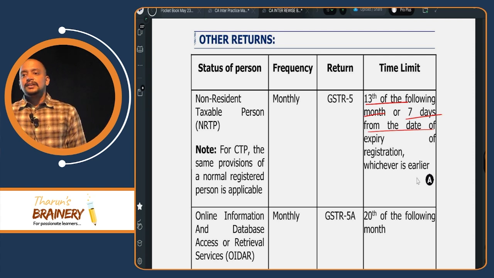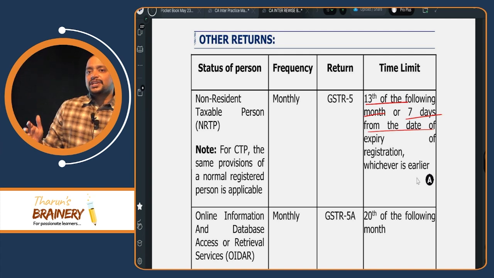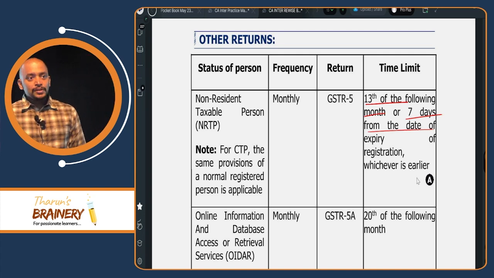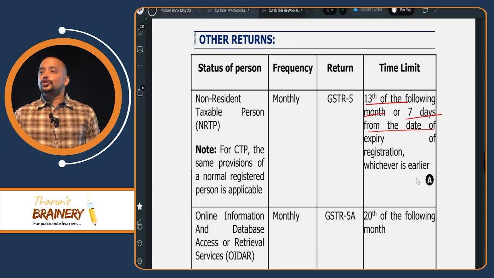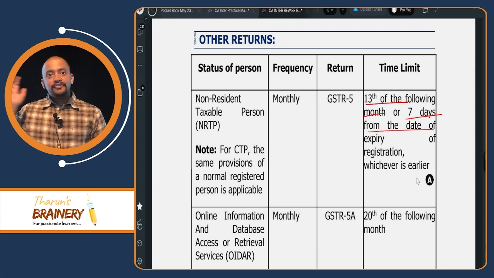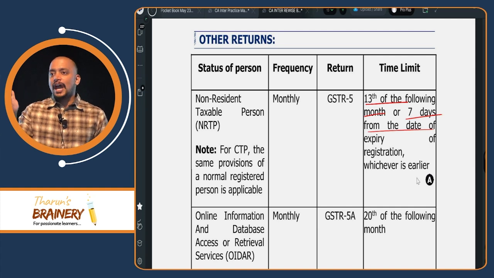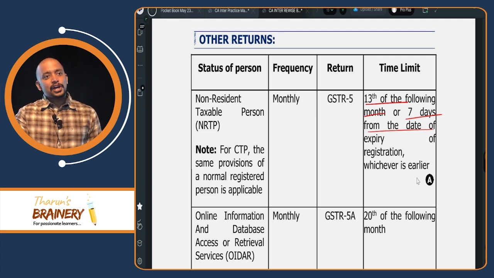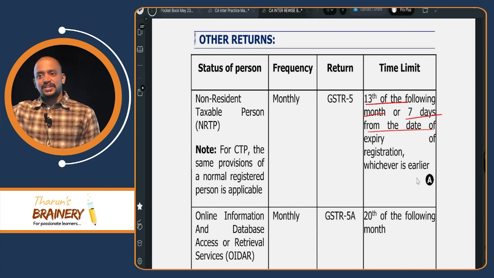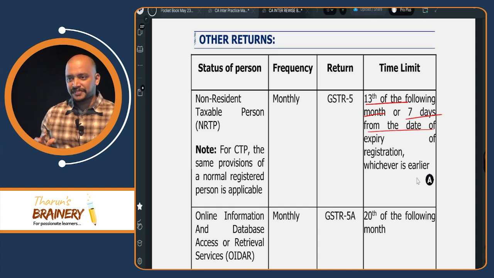GSTR 5. For example, registration is granted from August up to 2nd of October. So they have to file returns for August, September, October. For August, 13th of September or 7 days from expiry of registration, whichever is earlier, definitely 13th of September.